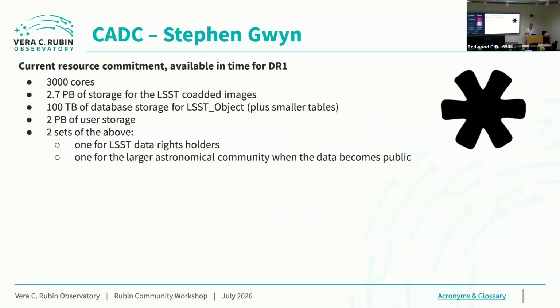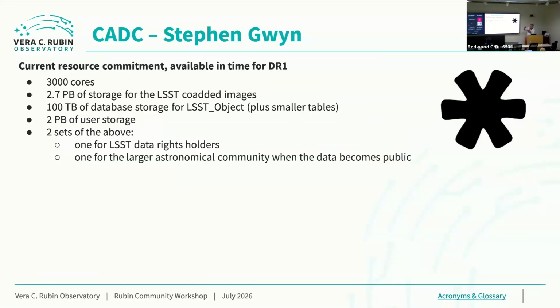So what have we committed to deliver in terms of compute resources? 3,000 cores with associated scratch space and sizable amounts of memory, 2.7 petabytes of storage for the LSST coadd images, 100 terabytes of database storage for the LSST object table, plus various smaller tables, and then 2 petabytes of user storage to store user-generated data products.